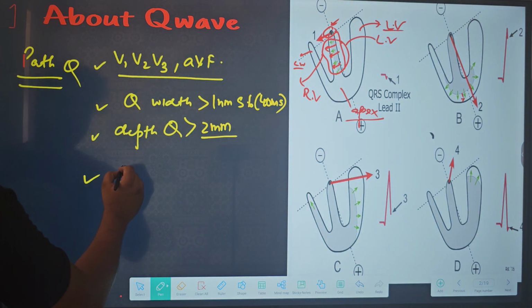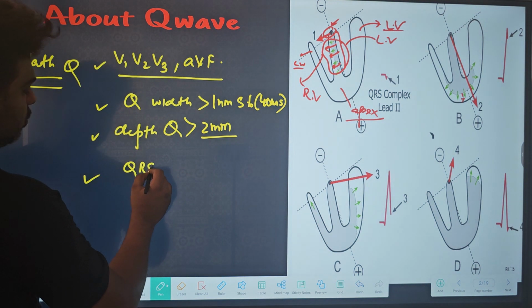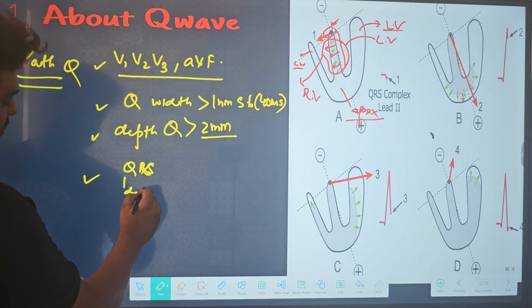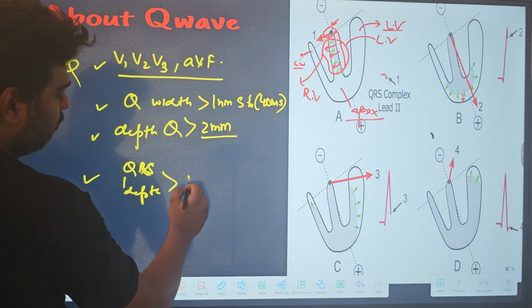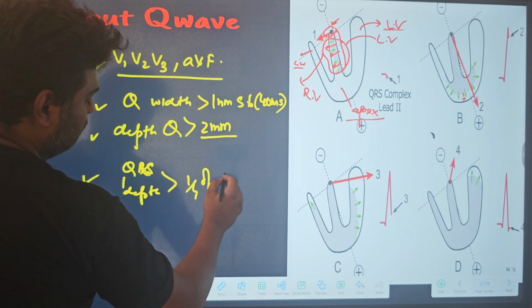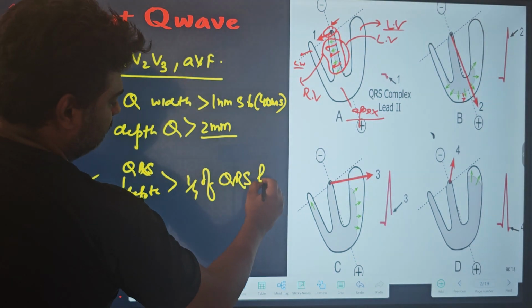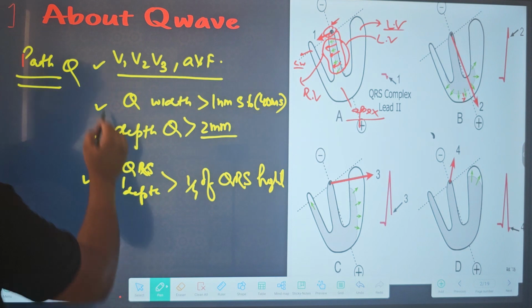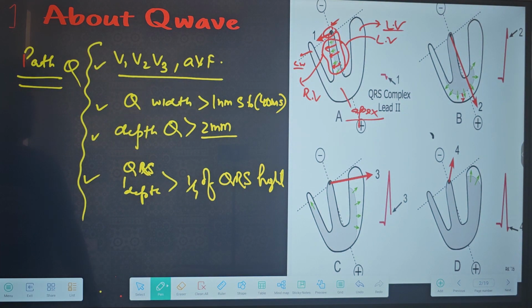Or if the Q wave depth is more than 1/4 of the QRS height. If any of these things is present, then we will say that this is a pathological Q wave.